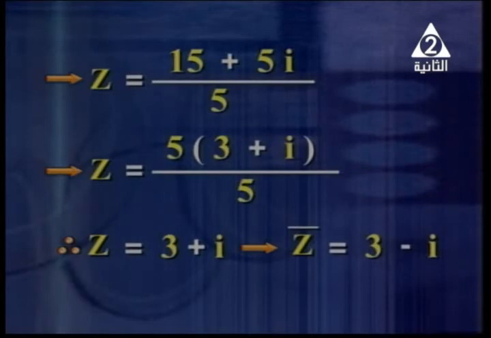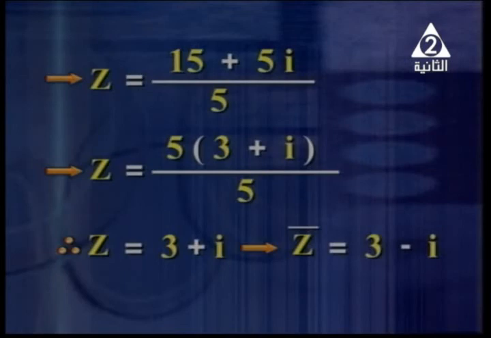Remember, for the conjugate of the denominator, we change the sign of the imaginary term only. After that, we simplify z: z equals 3 plus i, then z bar equals 3 minus i.